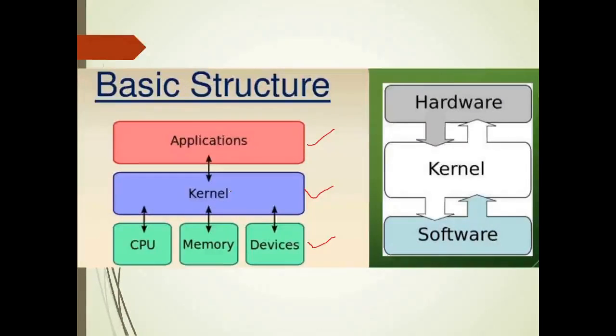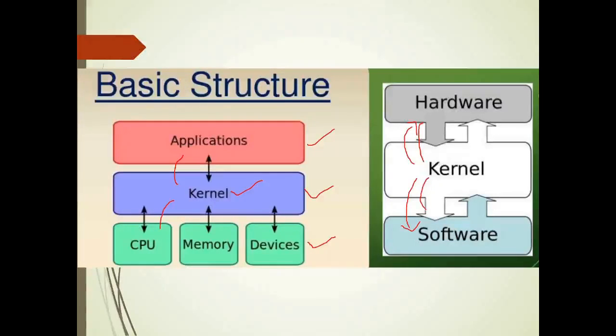This is the operating system where the kernel is present, which interacts with the application and the hardware. Even in this diagram you can see the kernel is an intermediary between the hardware and the software, so the kernel connects the hardware with the software.